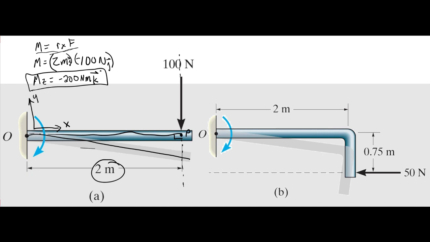And now the question is, what is that perpendicular distance to the force line of action? You can see here the force is a 50 Newton force, and you see this dashed line here, that's the force line of action. So we want to calculate the distance from point O to the force line of action. Well, that's easily this distance here.